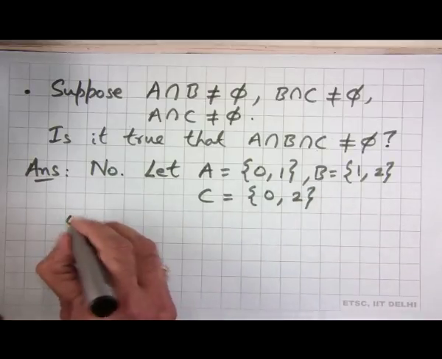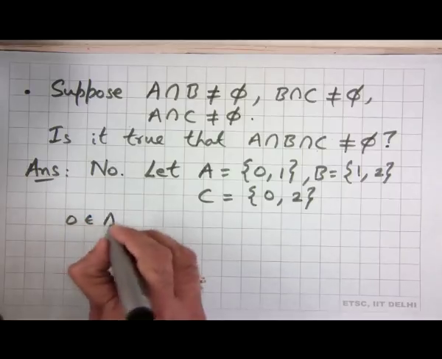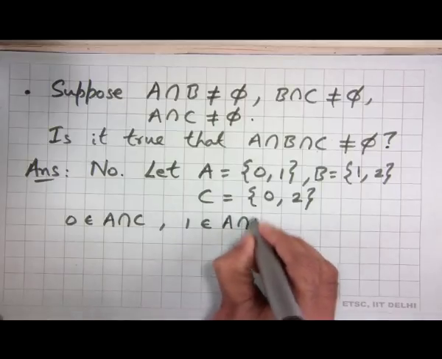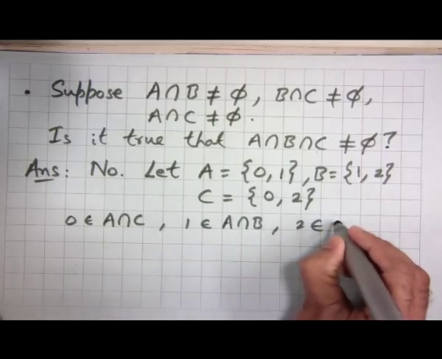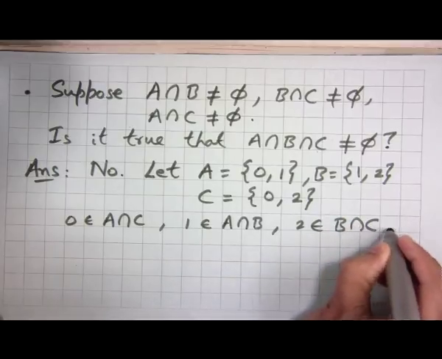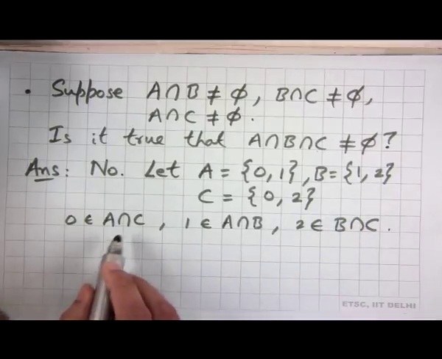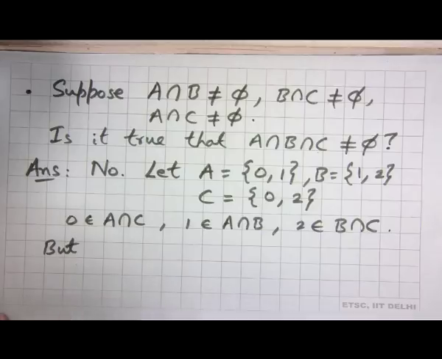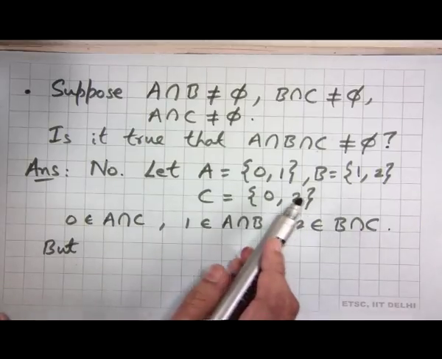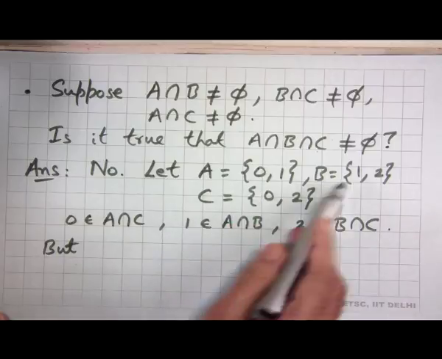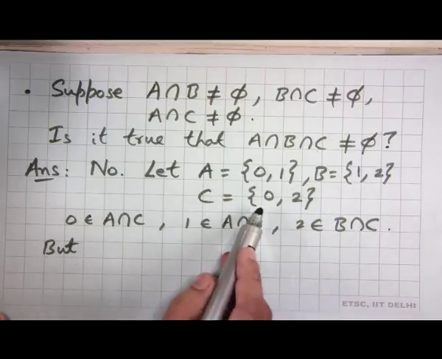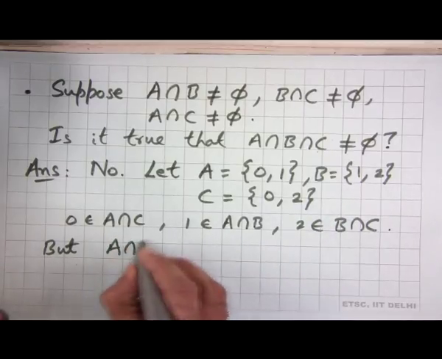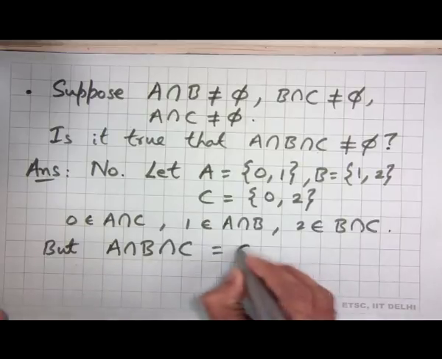So, 0 belongs to A intersection C, 1 belongs to A intersection B, and 2 belongs to B intersection C. So, all these pairwise they are not disjoint, but is there any element which is common to A, B and C? 0 is not in B, 1 is in A and B, but not in C, 2 is in B and C, but not in A. So, A intersection B intersection C is empty.